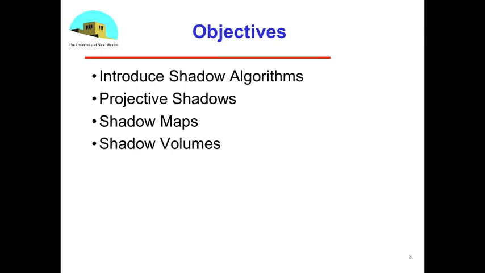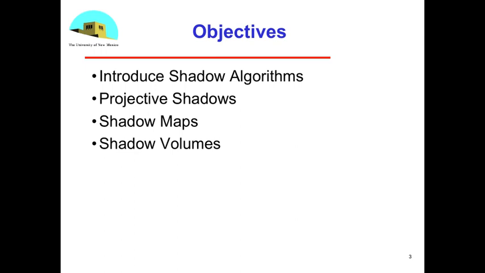So I'm going to go over one classic algorithm for doing that and then look at a couple of others, where we'll just look at the basic ideas. Later, when we talk about rendering to texture, we'll be able to actually implement them, because many of these techniques for getting shadows depend on doing multiple renderings, and if we do multiple renderings we need some place to store the results of the first rendering for use in the second.